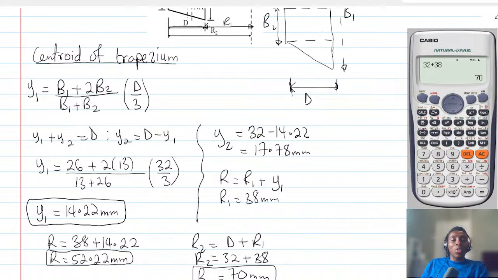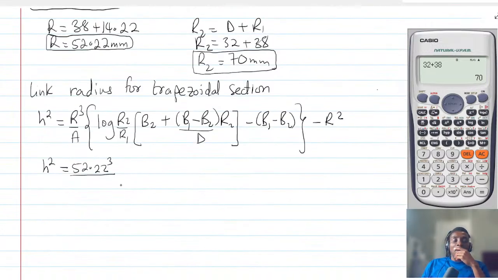So if you have a trapezium, the area of the trapezium is given by, let me calculate the area. So the area of a trapezium is given by d out of 2 multiplied by b1 plus b2.